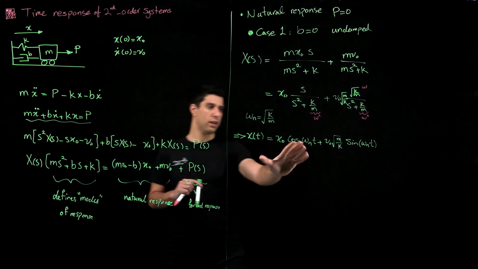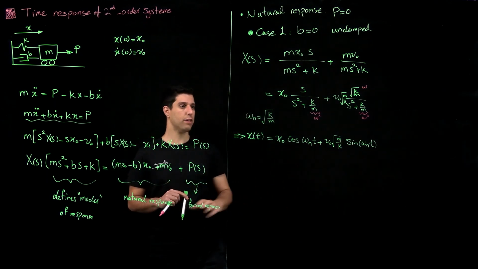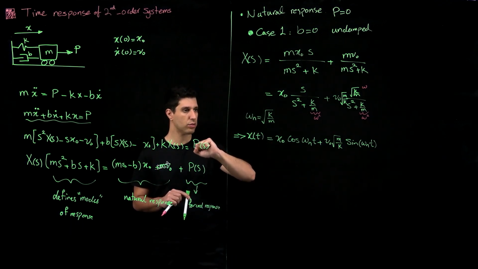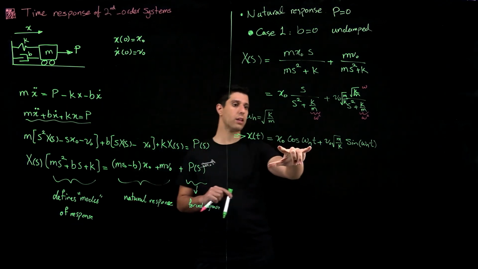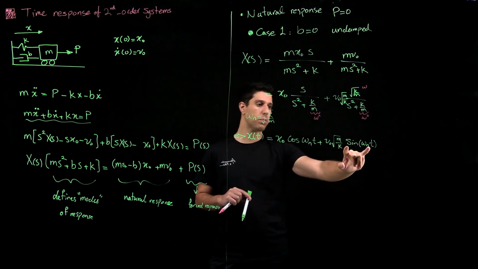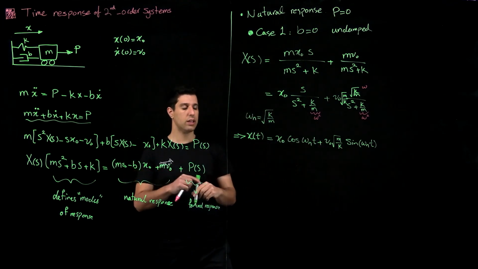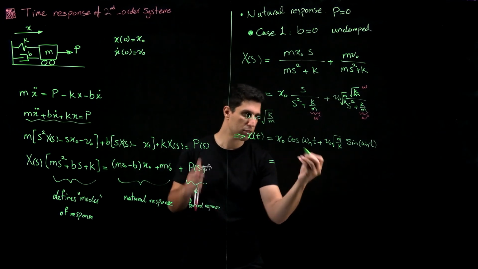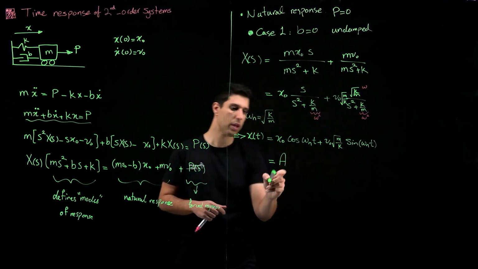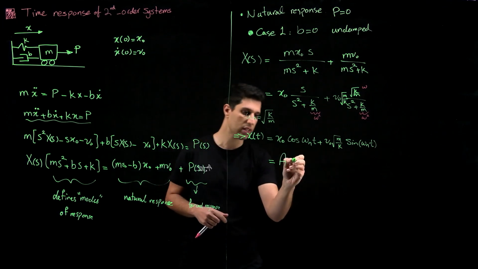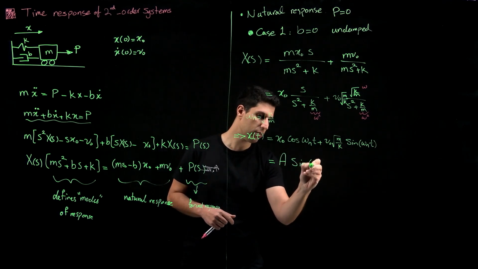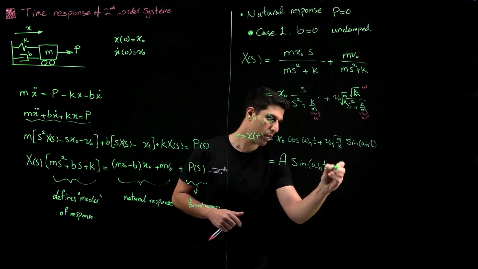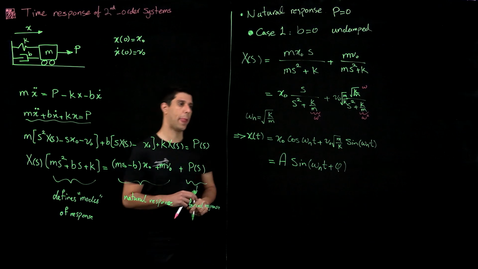And this looks a little funny, but if you remember from maybe math or maybe even high school math, cosine of something plus sine of something added together, you will have some constant times sine of the same frequency but with some phase.